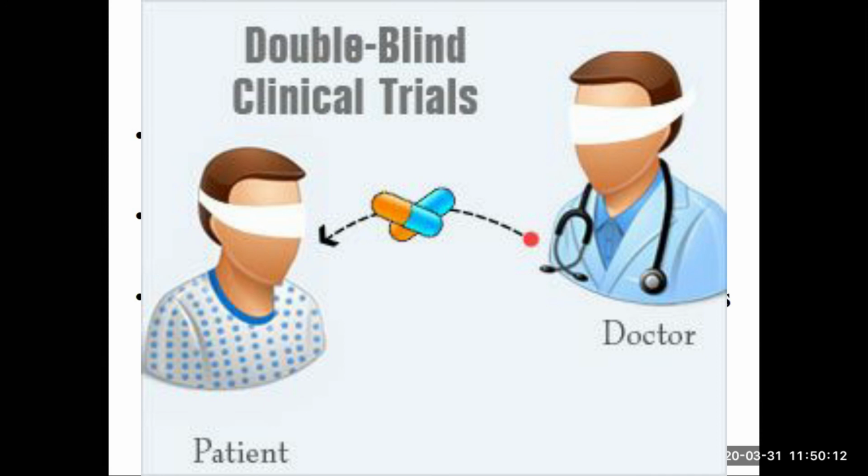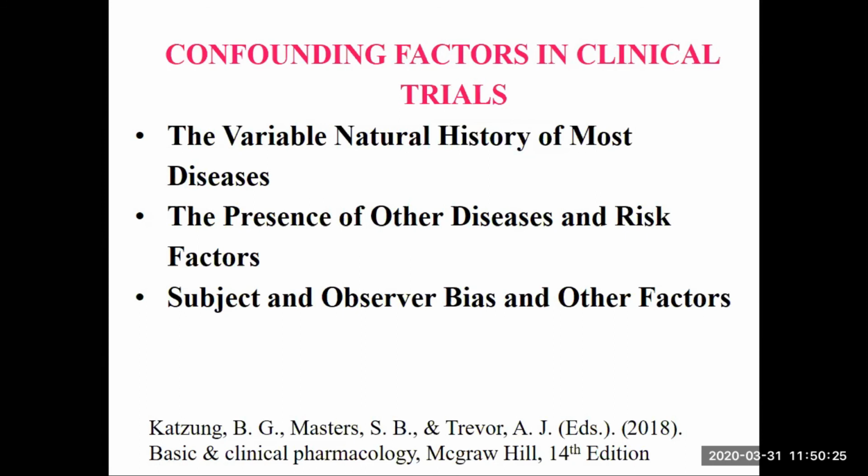So in the current coronavirus scenario, if you need to do some research, you must know some basics: how to design the research, how to conduct the clinical trials, and then how to interpret these results, which is very, very important, but we will discuss them in other subjects later on.